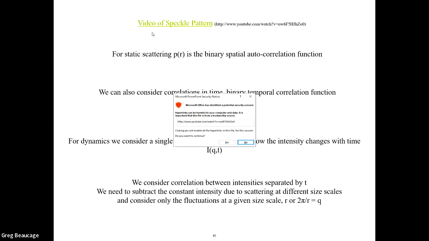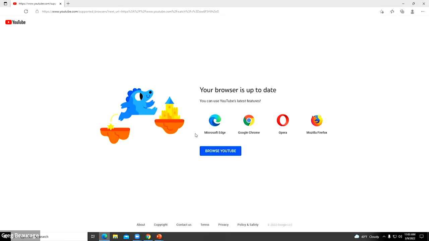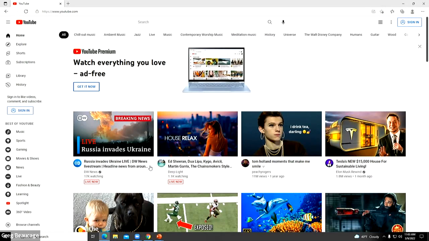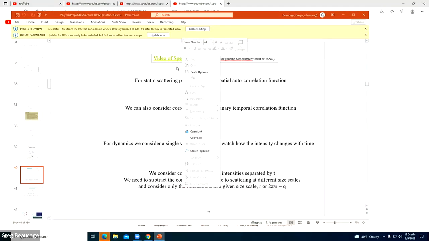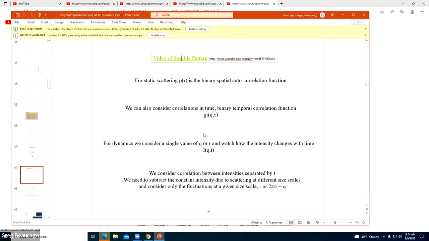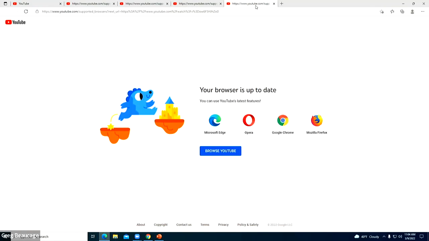Here, that'll open. Did it do it? It's going to YouTube. It'll work on my computer. Oh, now it won't do it at all. It opened this in the background, right? Very weird. It's a YouTube thing.